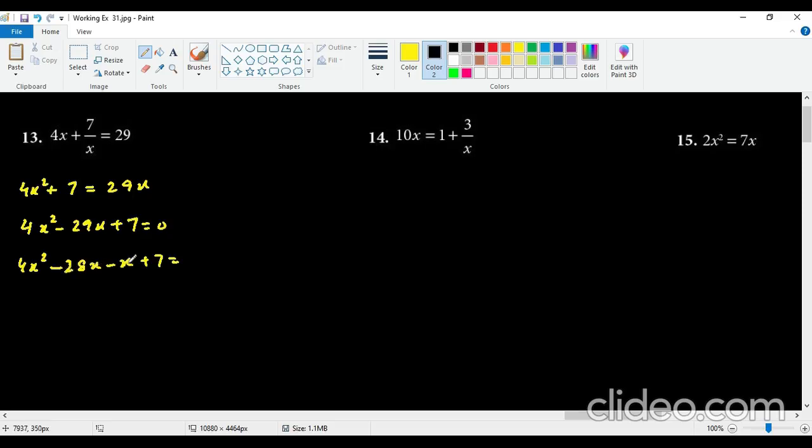And in here, I know very well that 4x is common in both of them. x minus 7 is the first factor. Copy down as it is, and minus 1 will be here. So 4x minus 1 in one bracket, and the other bracket will have x minus 7.